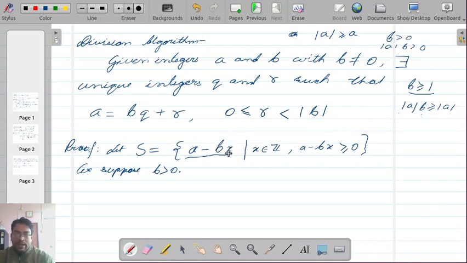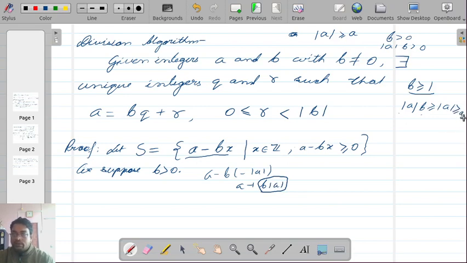But if we take x equal to minus mod a, you see this becomes positive: a minus b into minus mod a. This will become a plus b into mod a, but b into mod a is numerically larger than or equal to modulus of a.